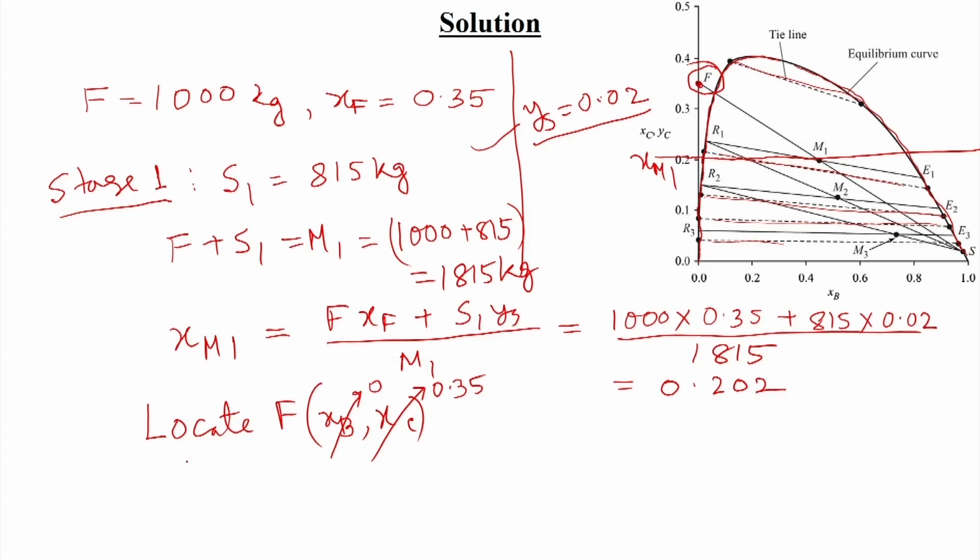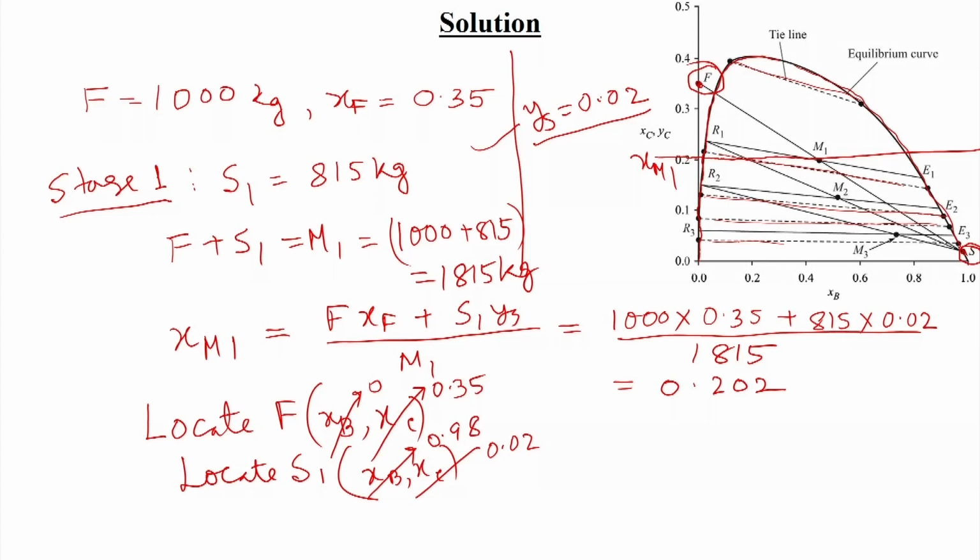And then we need to locate S1 also. For that, xb will be 98%, 0.98, and xc is equal to 0.02. That is why it comes here like this. S1 is this one, which we can get from around xb equal to 0.98.